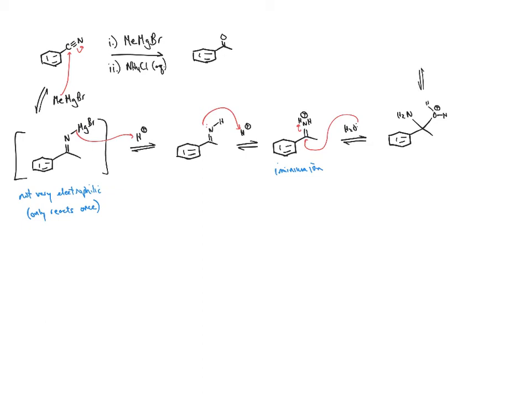Right, that's going to lose a proton. But then you can reprotonate it to give you a better leaving group. And so you've got now your ammonium ion here.